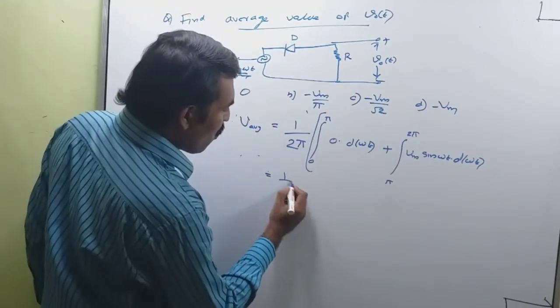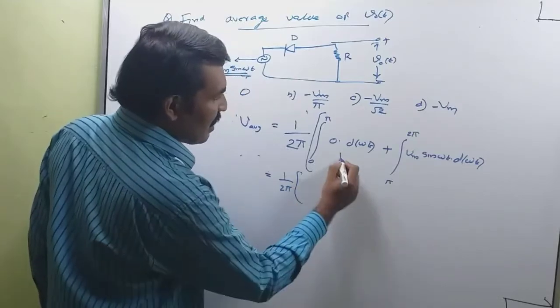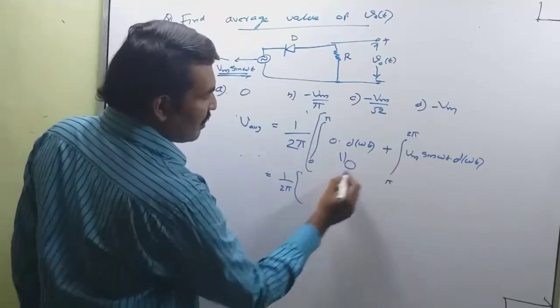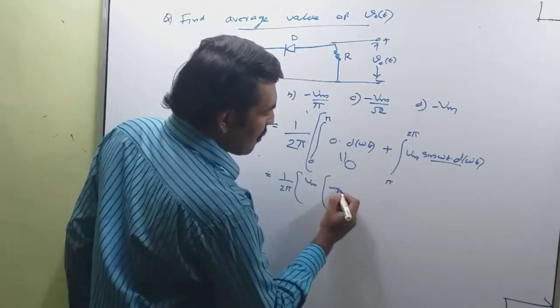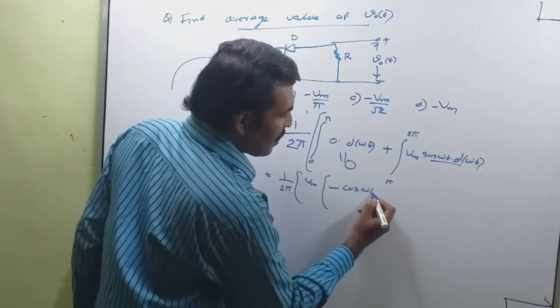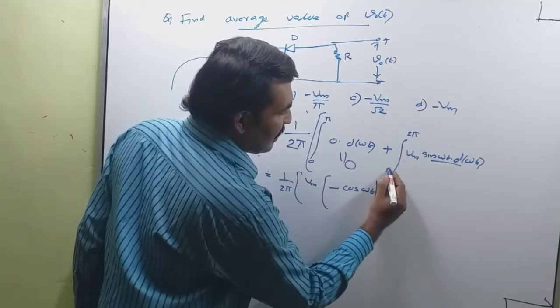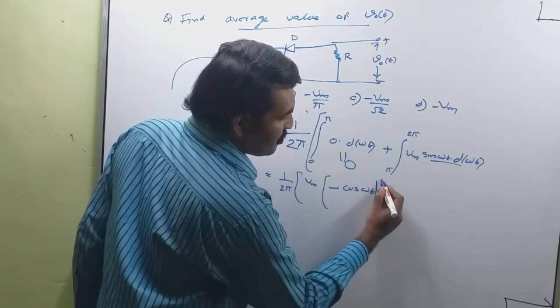So this is equal to 1 by 2 pi. This value is equal to 0. Then the value of this integral becomes Vm into the integral, that is minus cos omega t, applying the limit pi to 2 pi.